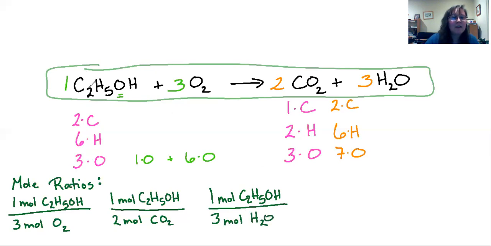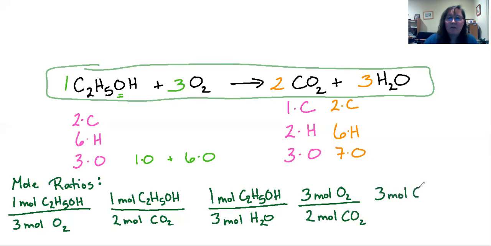Okay, so now what I've done is I've compared my first compound to the others, and now I'll look at my oxygen, and I don't need to do ethanol because that's already been done. So then I have 3 moles of oxygen to 2 moles of carbon dioxide, and 3 moles of oxygen to 3 moles of water.